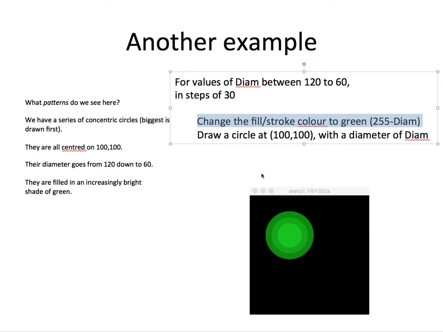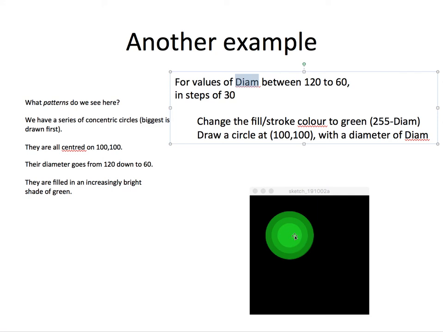So you're essentially saying for values of some variable diam between 120 and 60 in steps of 30, draw a circle that looks like that.